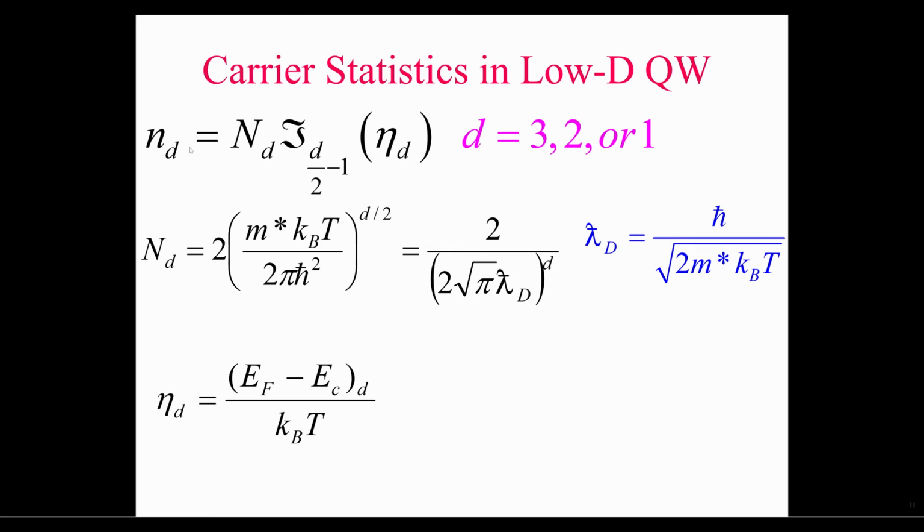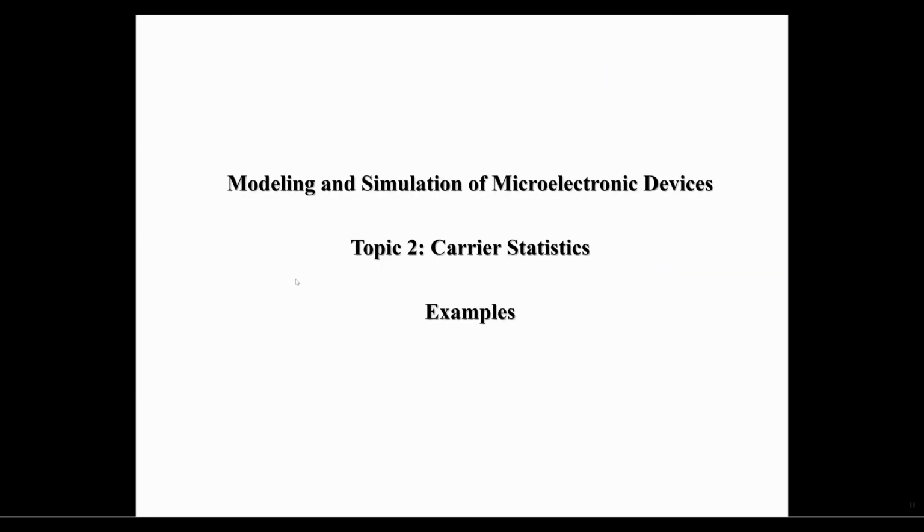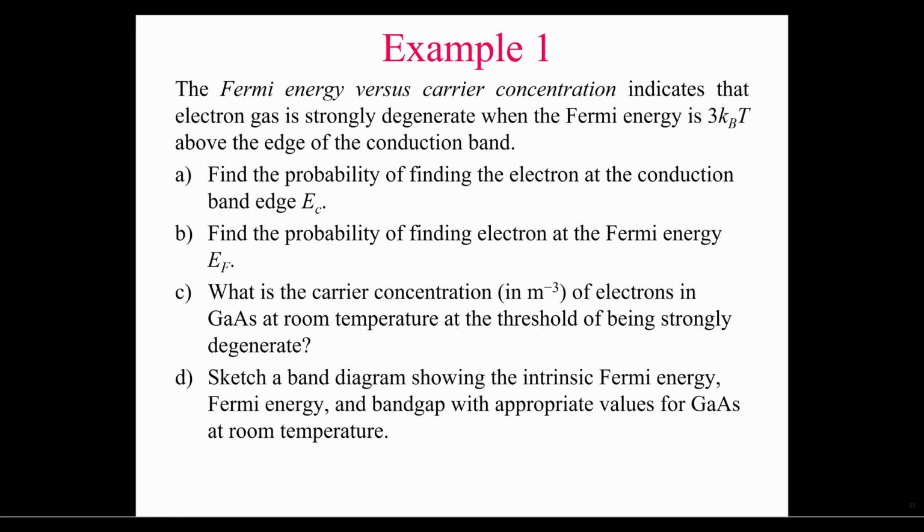If you put N1 here, you get the Fermi-Dirac order, what is that? Negative half. Okay, that's the general equation. This is important. Okay, and this is the effective density of states. Effective density will be ND. Okay, for this example here, not all examples will be included in your test.